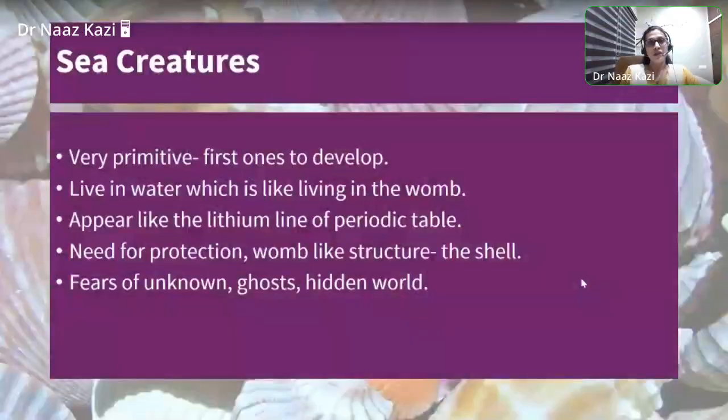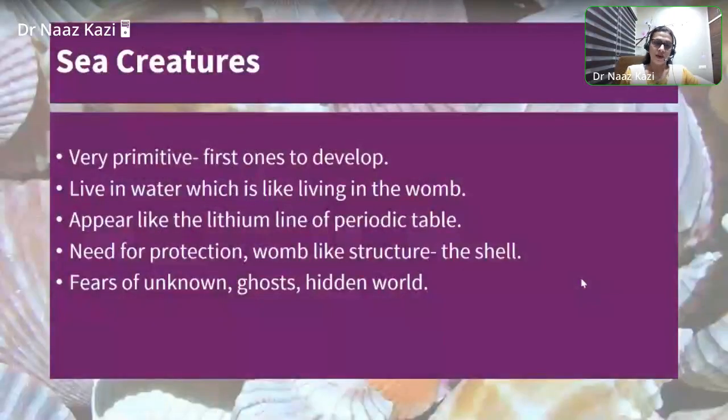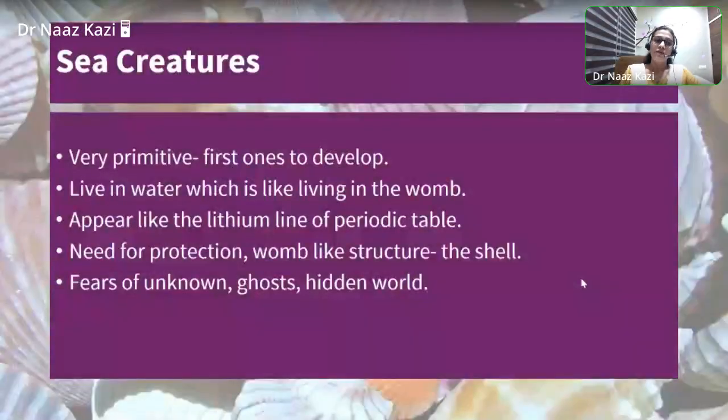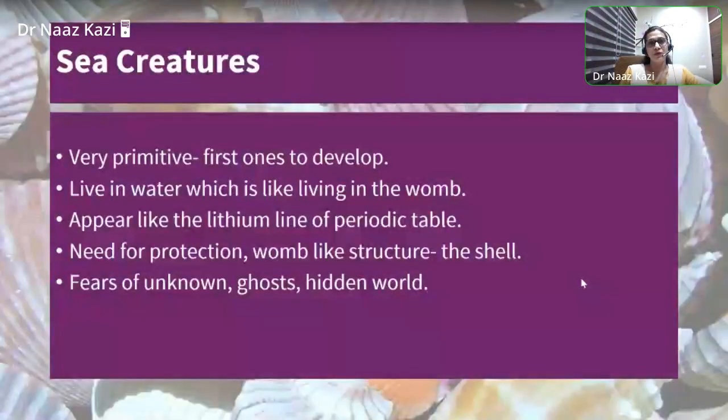Further, they wanted their own space. So they evolved to fly in the air, right? That's how the evolution happened. So these creatures, basically the sea ones, are very primitive, the first ones to develop. And they live in the water. And the water is like a big womb because we know that water is the main component of the womb, the amniotic fluid, right?